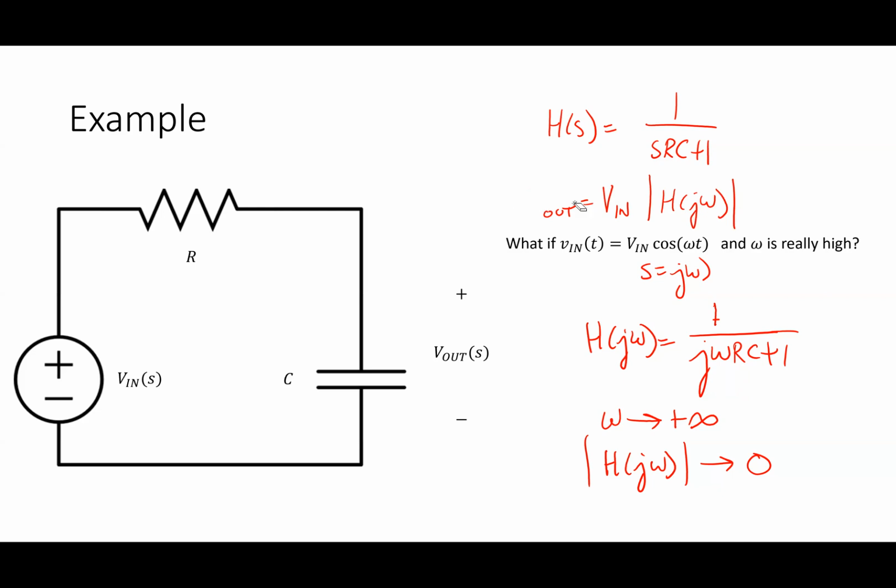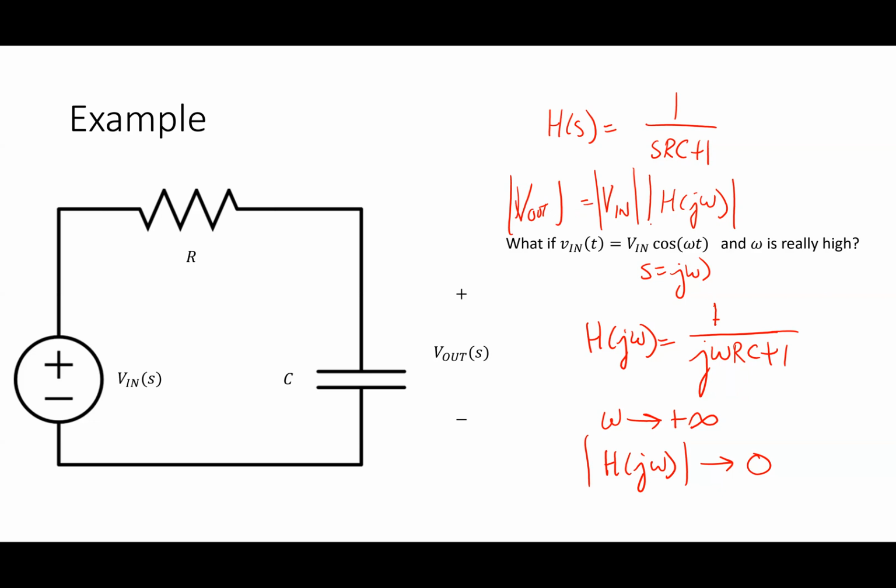Yeah, you got it. The magnitude of V out is always the magnitude of V in times the magnitude of the transfer function. If I'm just talking about amplitudes, that's right. If I put the whole time domain thing in there, that's right.